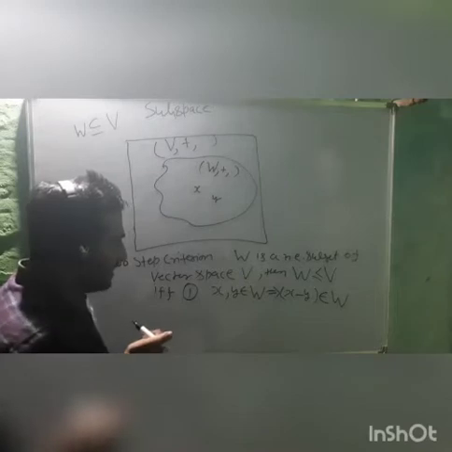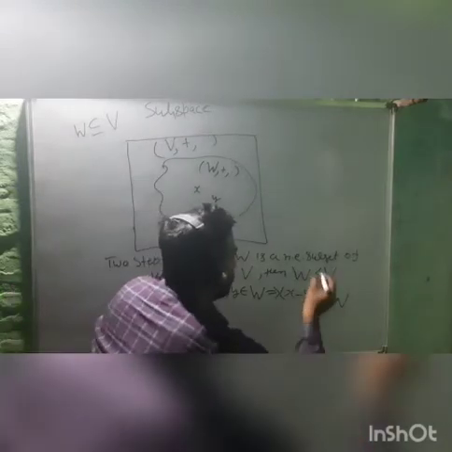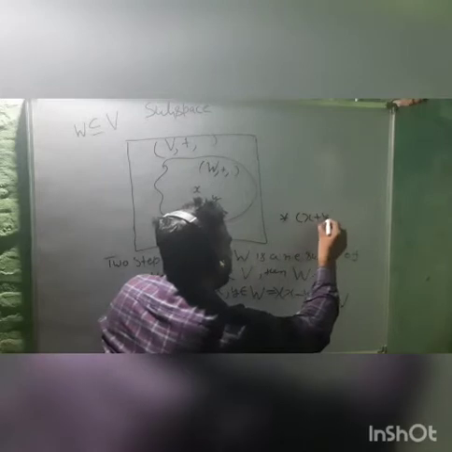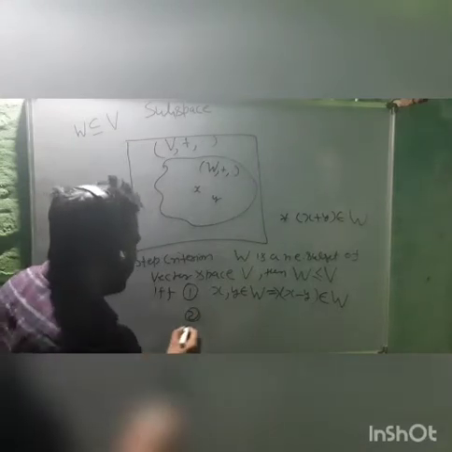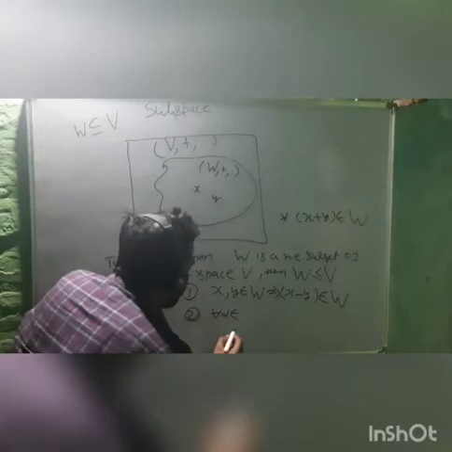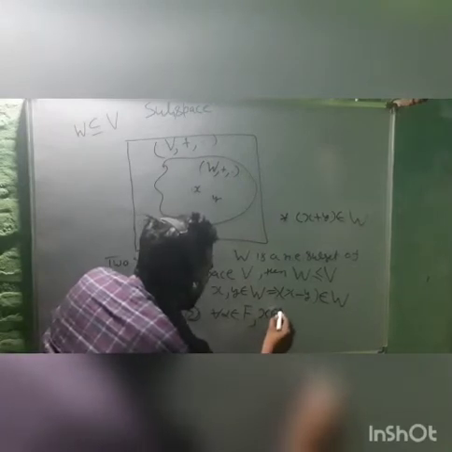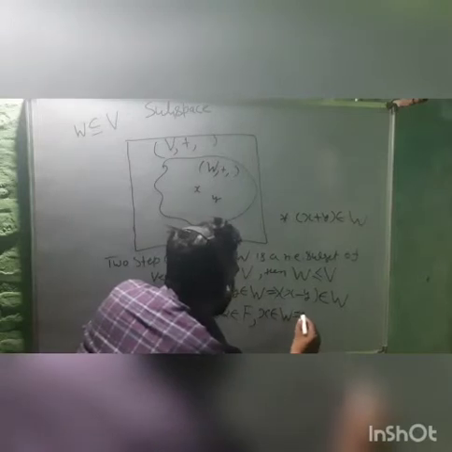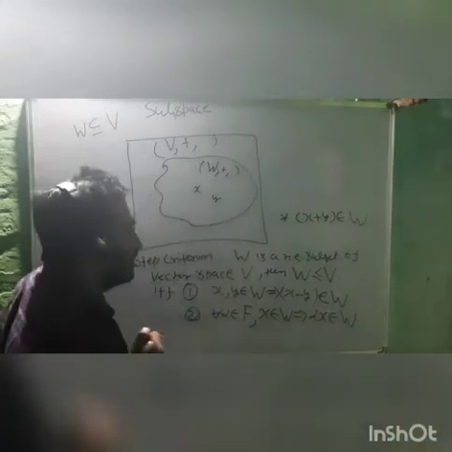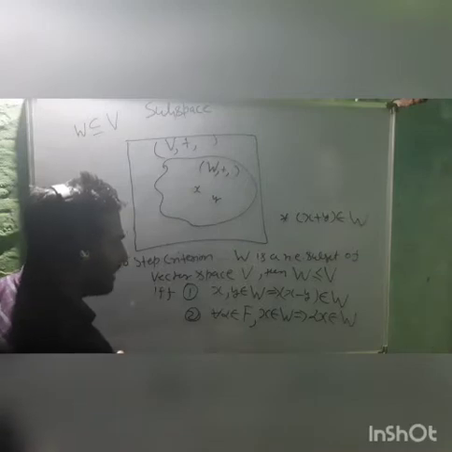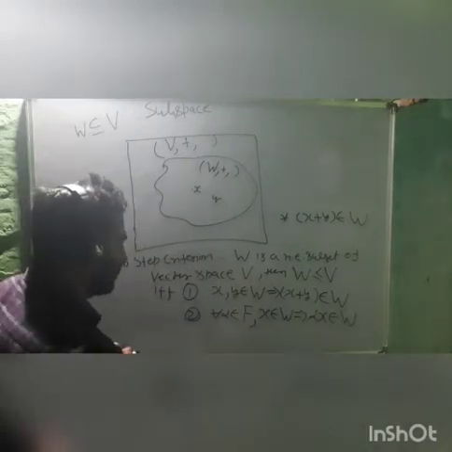So X minus Y is in W. This property can also be written as X plus Y belongs to W. Second property is for any alpha belonging to F, if alpha is any scalar and X is a vector from W, then it must imply that the scalar multiplication alpha X must also be in W. So whether you write it plus or minus, both will work.